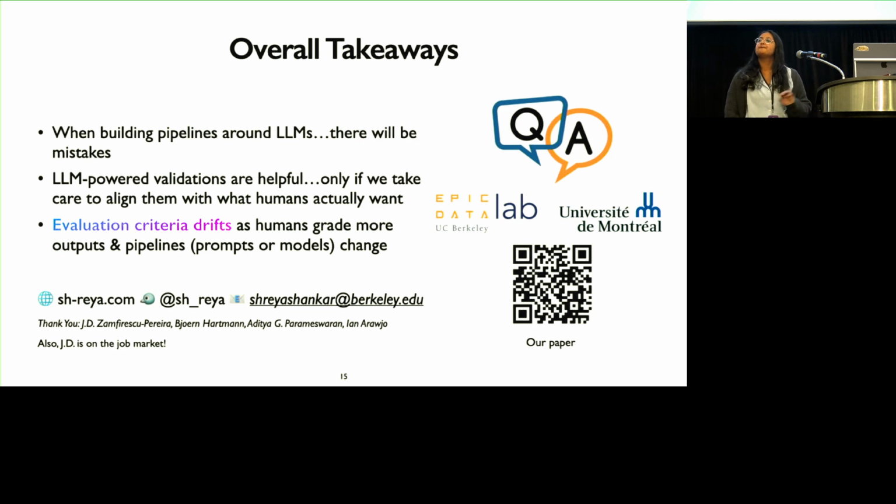My question is, so the title is "Who Validates the Validators?" My question is who validated the validators of the validators? Because from crowdsourcing research, we know humans also have disagreements, and sometimes they make mistakes.